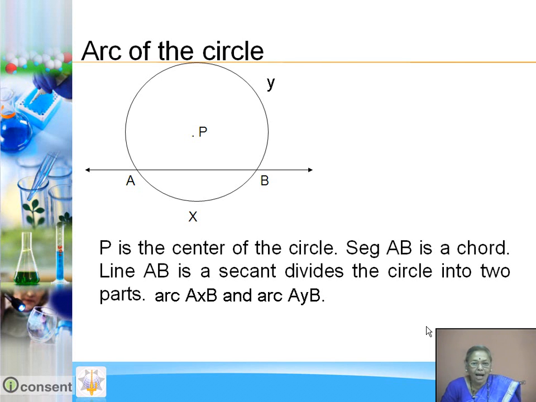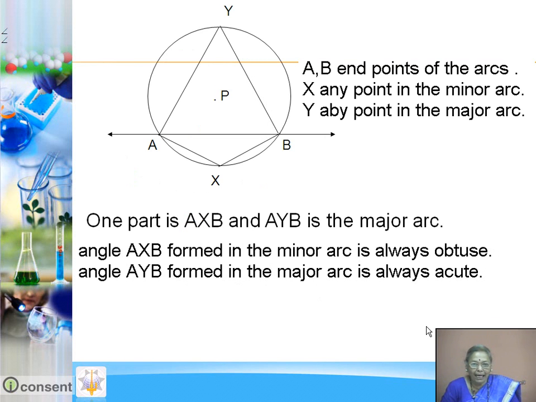If we draw the angle by taking the secant AB in both arcs, measure these angles. Angle AXB is the angle formed in the minor arc.